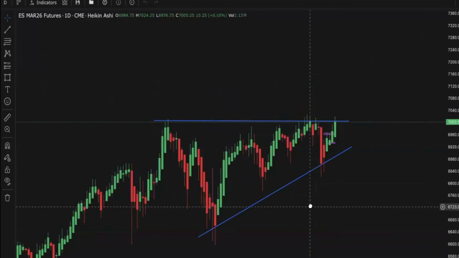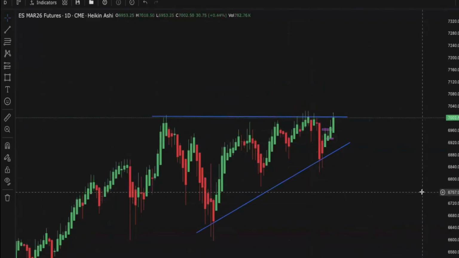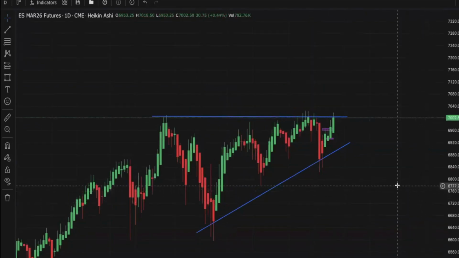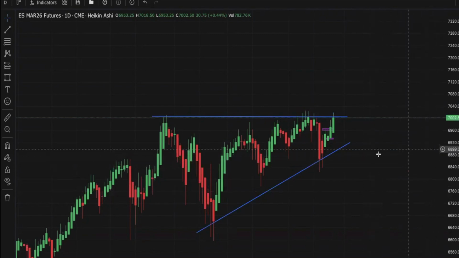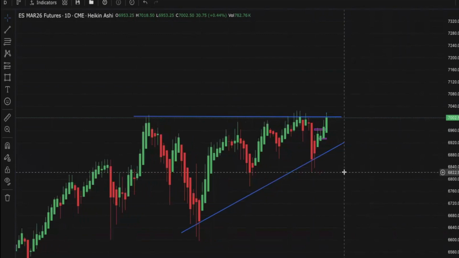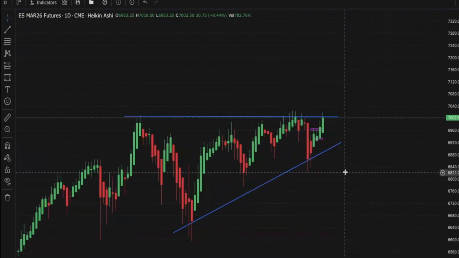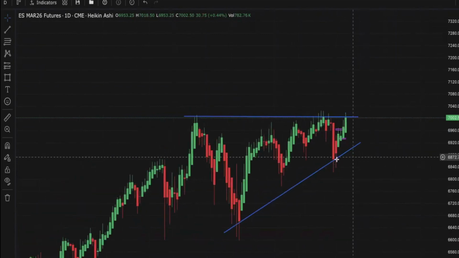Some would say it's a triangle, others would say it's a wedge. So whatever you wanna call it, that's basically what it is. But what you need to pay attention to is the trend. Normally we're on an uptrend.